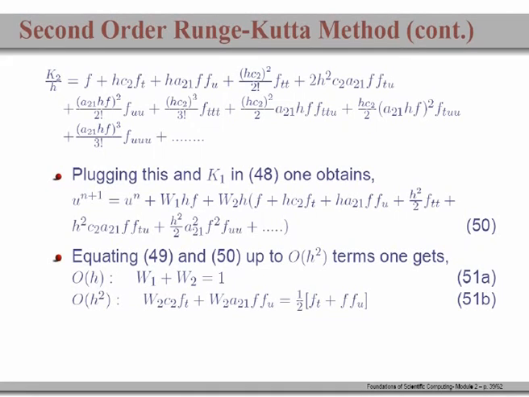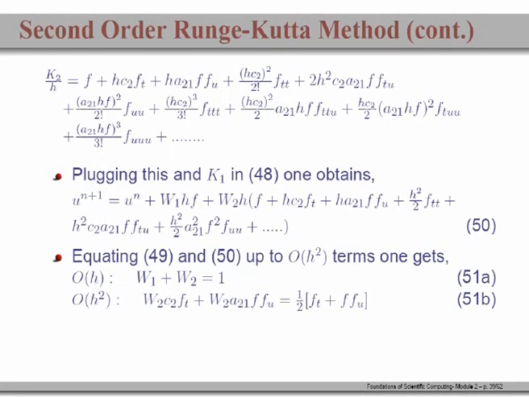So, basically talking about a second order method, all you would be interested in is writing down the coefficients on either side of order h and order h square. Order h, you can very clearly see here the coefficient, the analytical expression, would be 1 itself. Okay. So, that is, for h itself the coefficient is 1, whereas here you are seeing that it should be w 1 plus w 2. So, that is your order h condition.